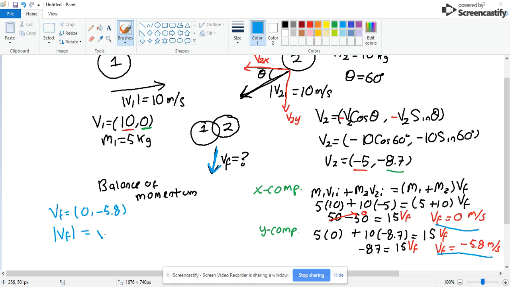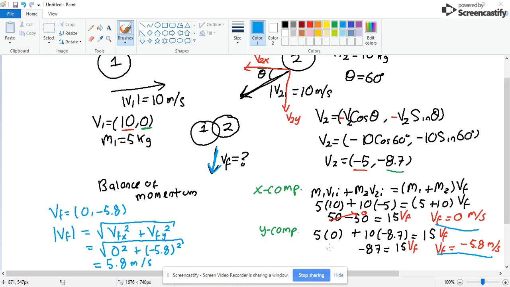We want to use the Pythagorean theorem, which is the square root of V final x squared plus V final y squared. So we substitute: 0 squared plus negative 5.8 squared, don't forget the parentheses, and that will give you a final speed of 5.8 meters per second.